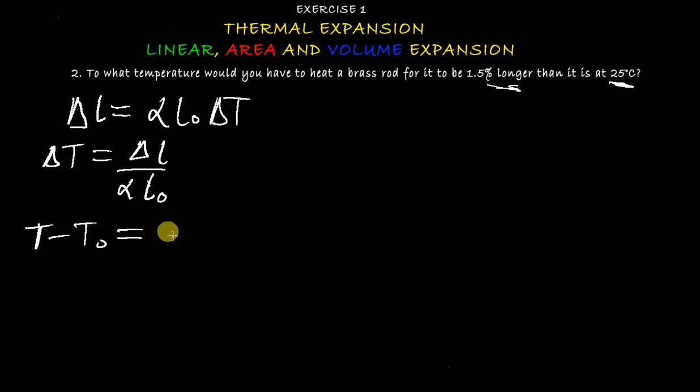So we know that delta L over L naught is simply equal to, if this is 1.5% longer, something like 1.5 over the original, which is just 1.